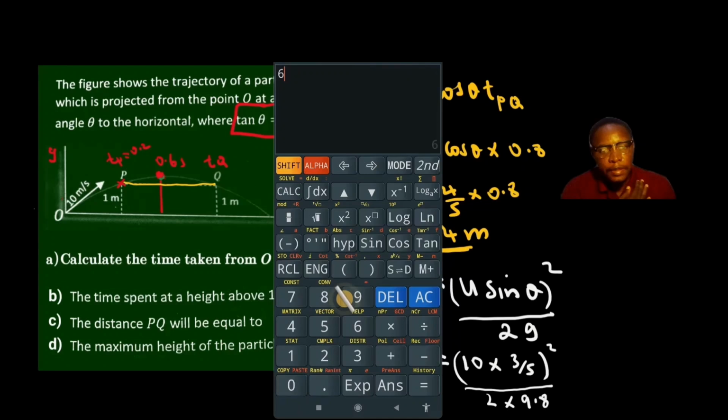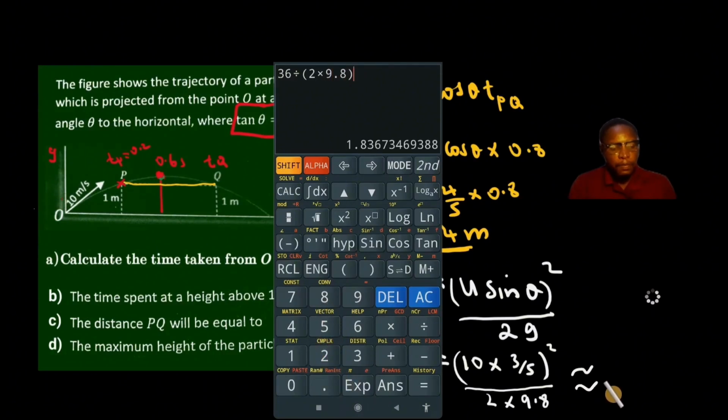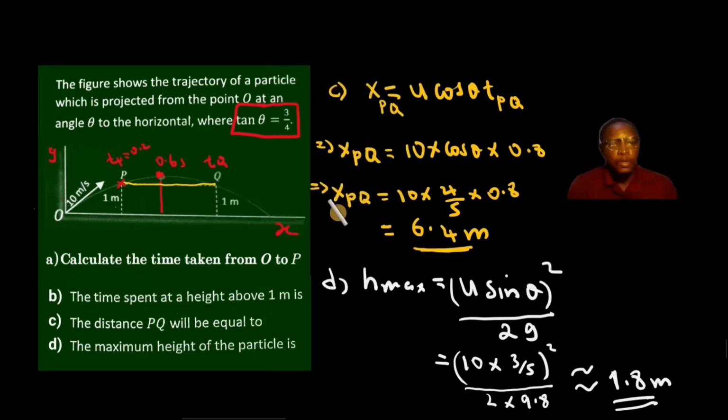Now 6 squared is 36. 36 divided by 2 times 9.8 gives approximately 1.8 meters to one decimal place. So the maximum height is 1.8 meters.